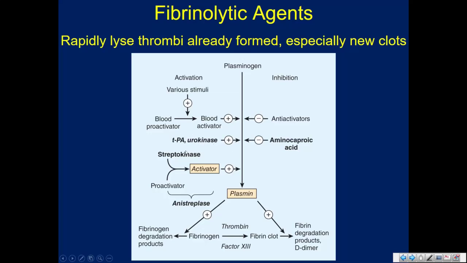I say this because the other drug that can be used to dissolve clots is streptokinase, but it works through an intermediate. So it's often classified as an intermediate acting clot-busting drug. That's all I want you to know, all right? TPA, urokinase, directly activates plasminogen into plasmin. Streptokinase works through an intermediate.